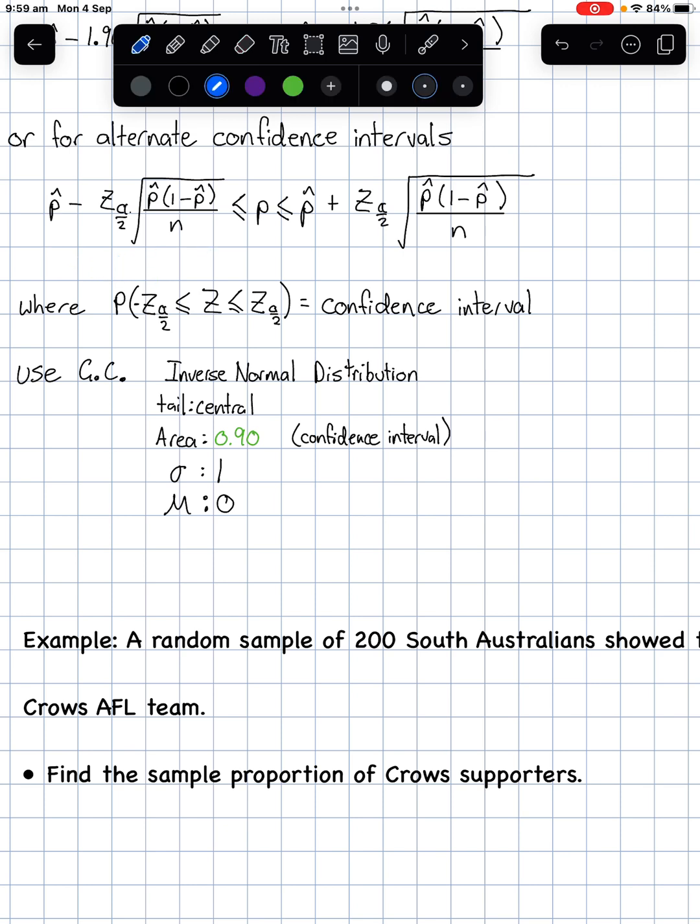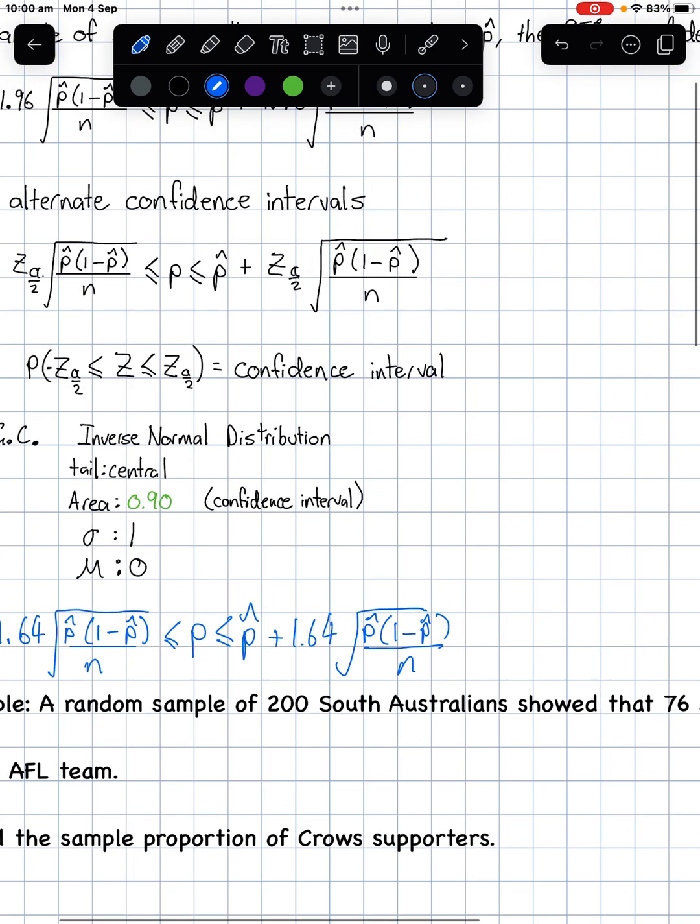So down here we do p hat minus 1.64 square root proportion times 1 minus the proportion over n, less than or equal to the actual population proportion, and then p hat plus 1.64 square root proportion times 1 minus proportion over n. So pretty easy here. Now let's just go straight into a question.